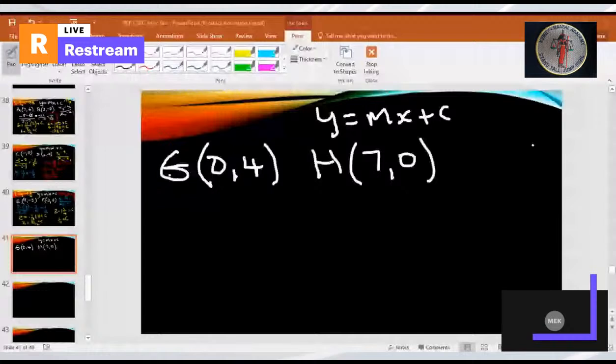Remember, when you're substituting the values, you can use either pair of coordinates given. So you could use point G where x is 0, y is 4. You could use point H where x is 7 and y is 0.